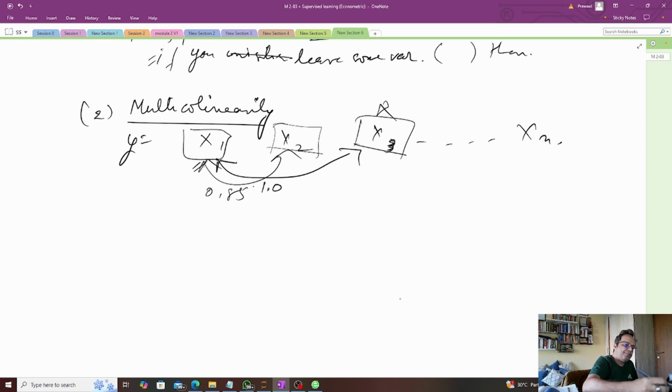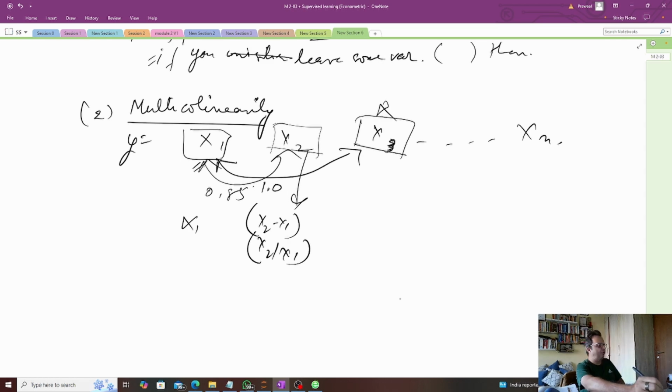How do we generally deal with such issues? We don't have to know them now, but at a later point of time we will understand that you can consider x1, and then instead of considering x2 you can only use x2 minus x1, because that's the delta difference, or x2 upon x1. Or you do some kind of log transformations of both of them so that they don't become so collinear with each other. So that's the second part, multicollinearity.